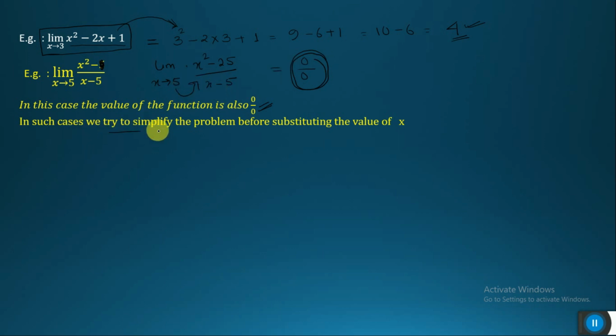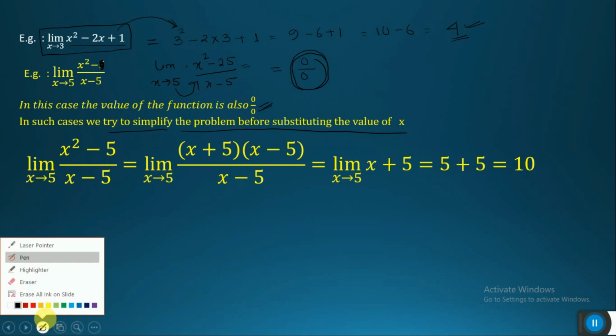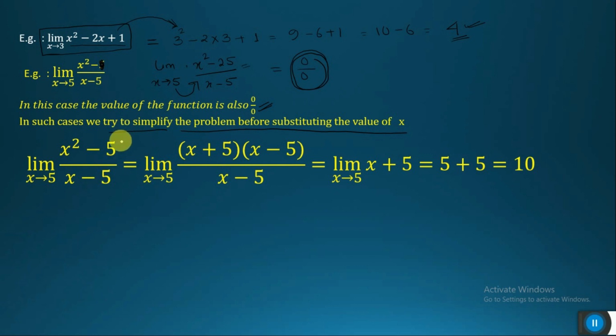In such cases, we will try to simplify the problem before substituting the value of x. So how do we simplify? Here we have 25. Can I write this 25 as 5 square? Can I write x square minus 5 square?